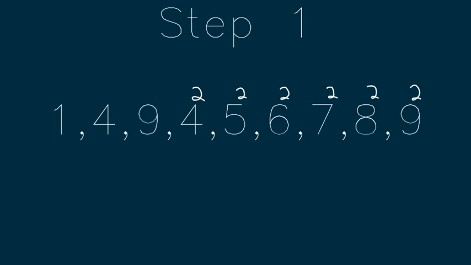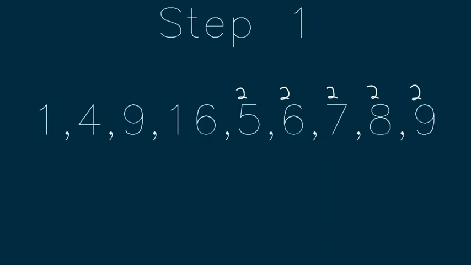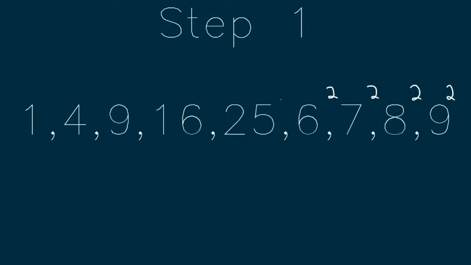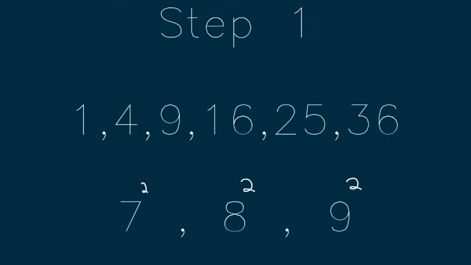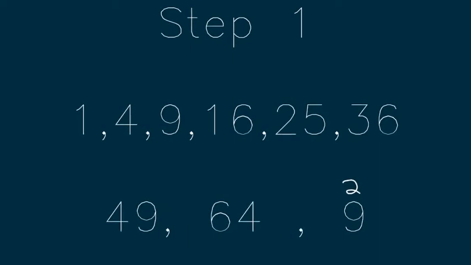The square of 3 is 9. The square of 4 is 16. The square of 5 is 25. The square of 6 is 36. The square of 7 is 49. The square of 8 is 64. The square of 9 is 81, and so on. If you know these basic numbers, step 2 is going to be easy for you.